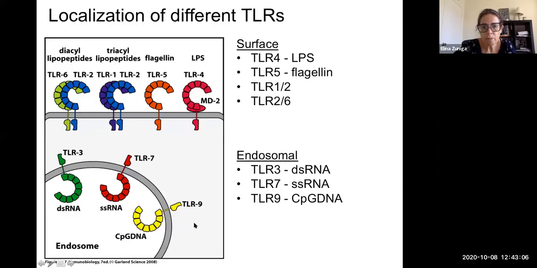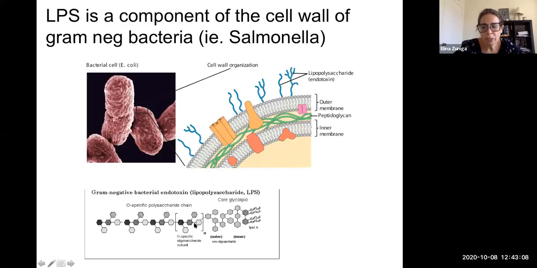Okay, so we mentioned that LPS is actually the first PAMP that Bruce Beutler identified as the ligand for the first mammalian toll-like receptor, and this is LPS being the ligand for toll-like receptor 4.